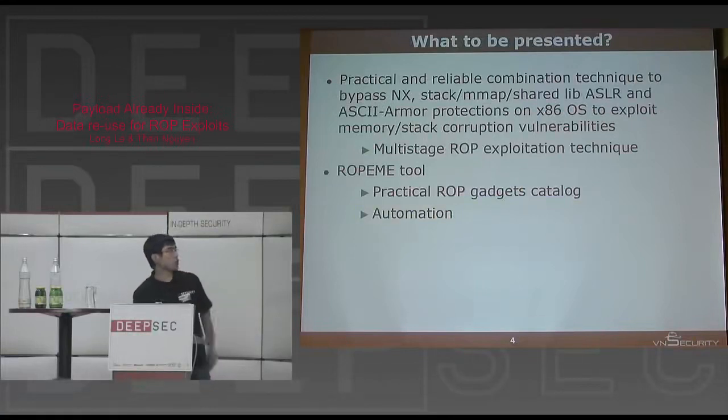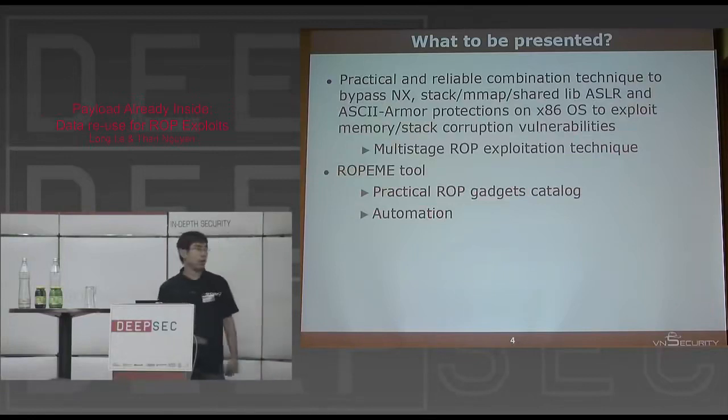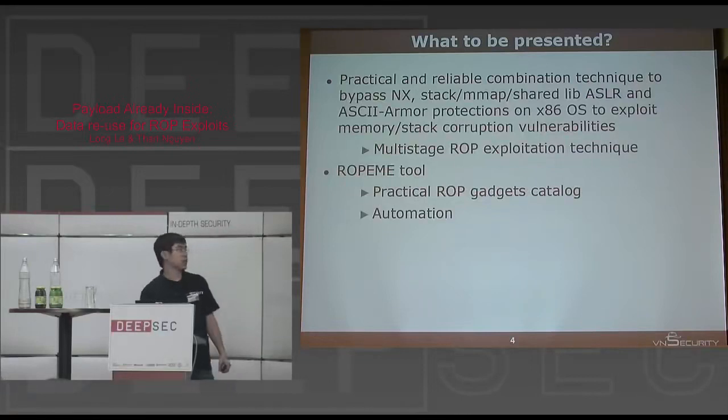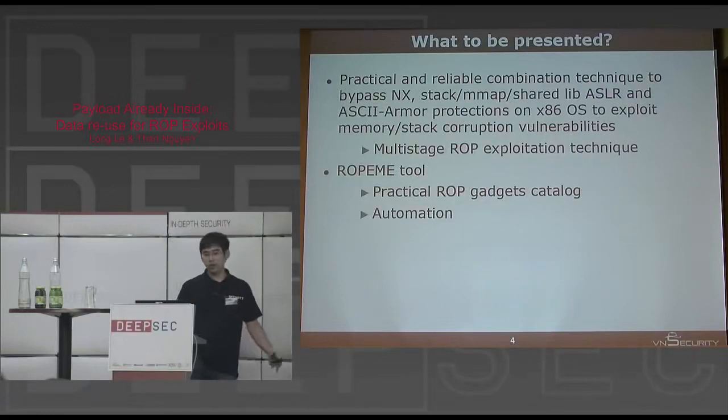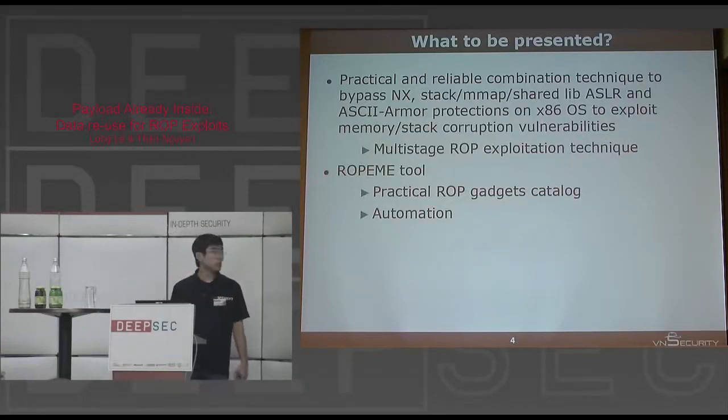So in this talk, we are proposing and discussing a practical and reliable way, with a combination of multiple different techniques, to bypass NX, stack memory mapping, ASLR and ASCII armor protection on x86 operating systems. Our demonstration is based on Linux, but we have working versions for BSD, Linux, Mac OS, and the upcoming one is also Windows.